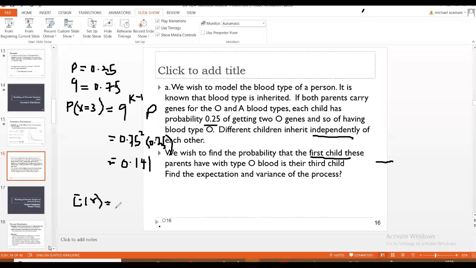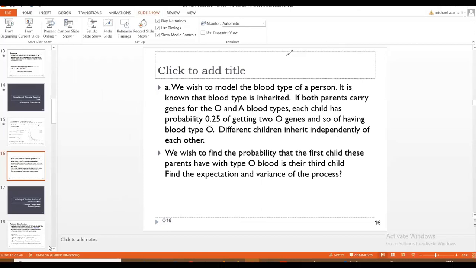That will be 1 over P. And your variance of the process, where Q is 1 minus P, will be 1 minus P over P squared. So once you calculate it, you get the variance of this process. Okay, so moving on.